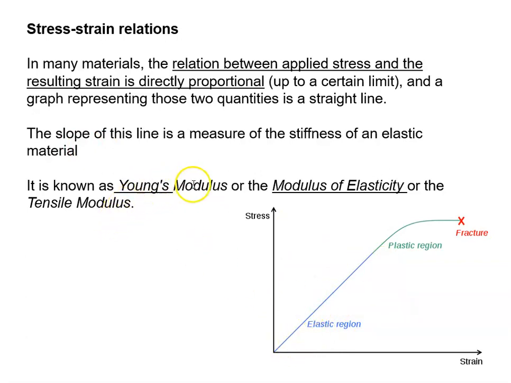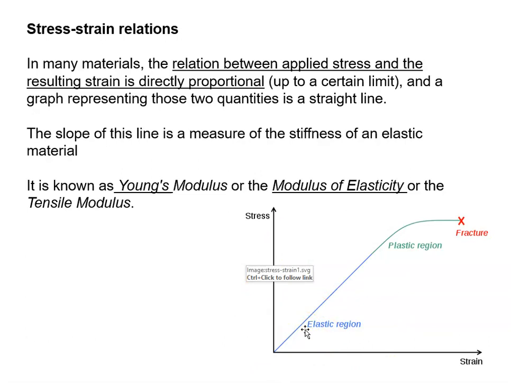It's known as Young's modulus, or the modulus of elasticity, or the tensile modulus. These are 3 names for the same thing, and you should know this name. It is the measure of a material's stiffness. All right, and this stress strain curve, just to back up a little bit, is charted for all different materials.